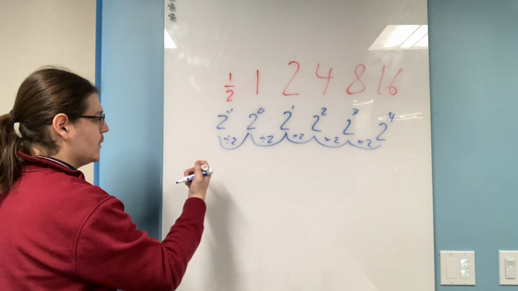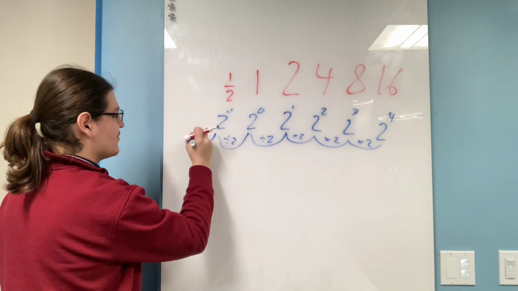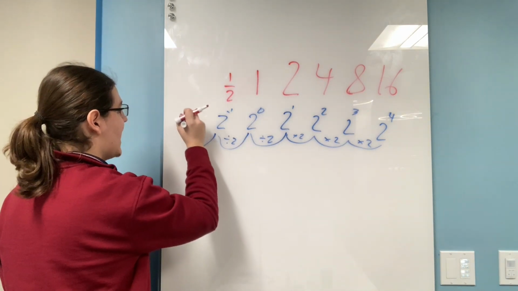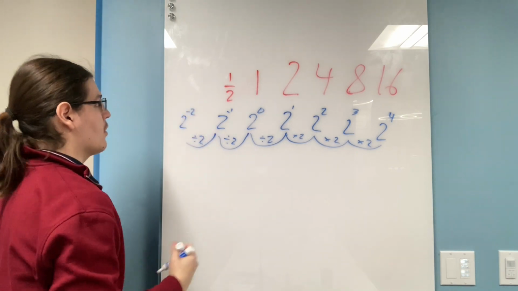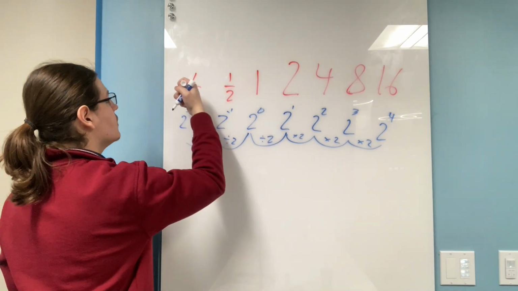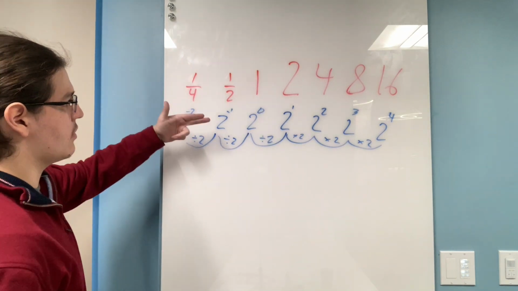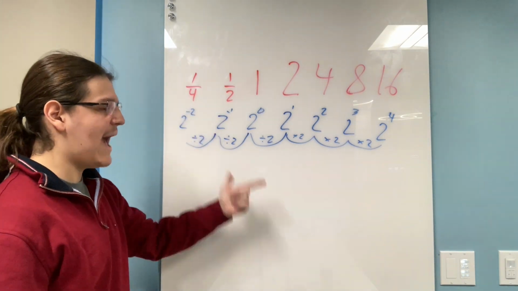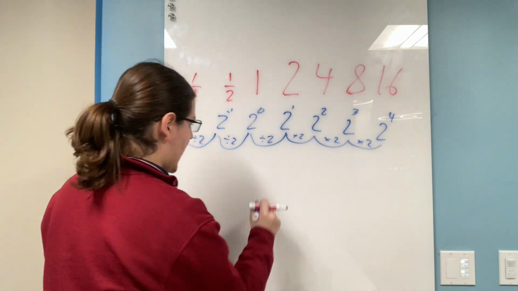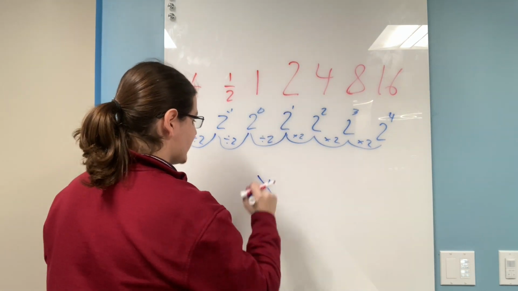And if we kept going, we're going to go off the whiteboard for a bit here. If we had 2 to the -2 power, we would get 1/4.